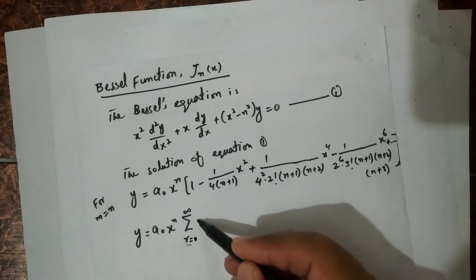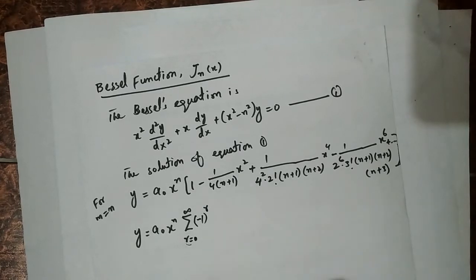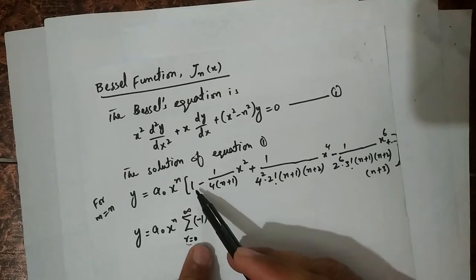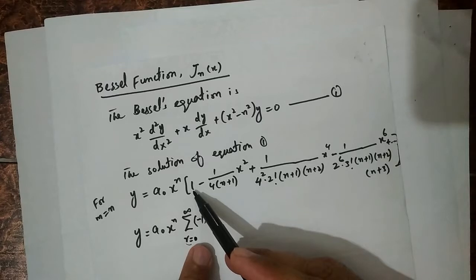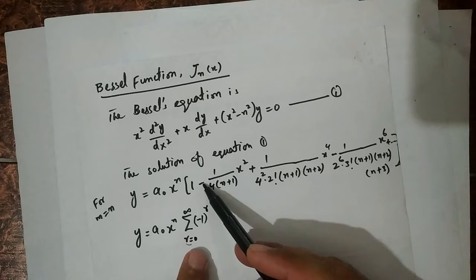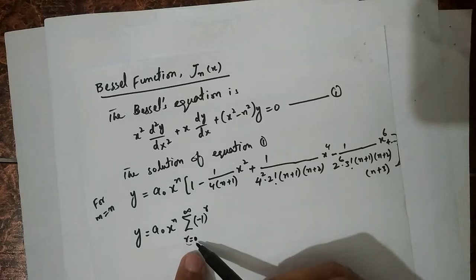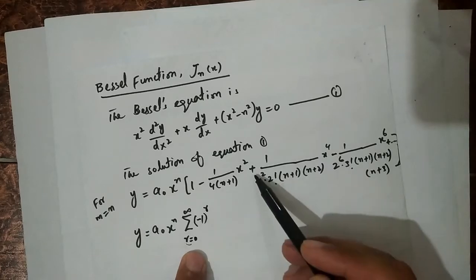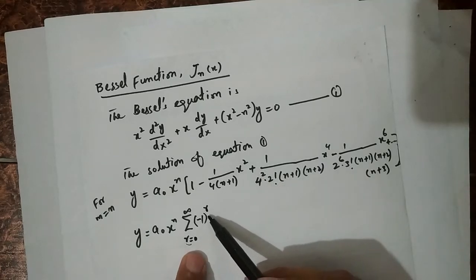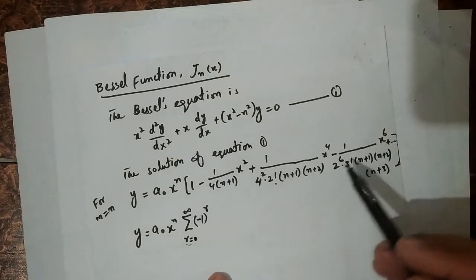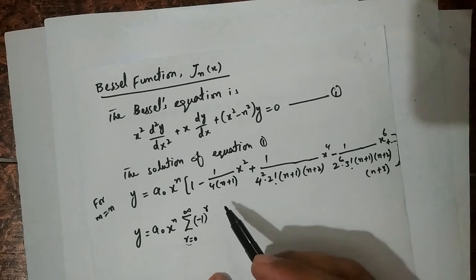So we can write it as minus 1 to the power r. Clear? So if we put r equals to 0, we get plus 1, and when we put r equals to 1, we get negative, and if we put r equals to 2, we get positive. So this minus 1 to the power r gives the signs of each of these terms.